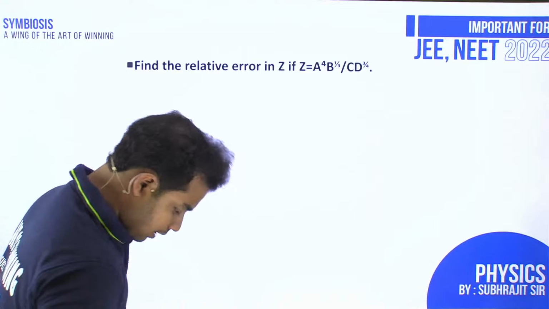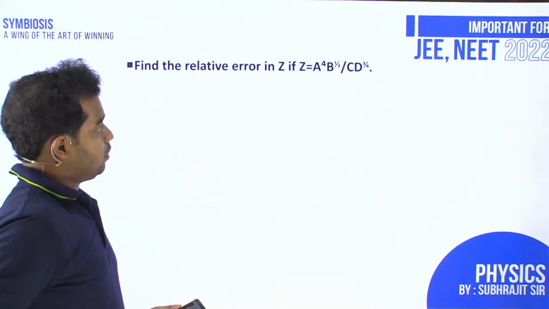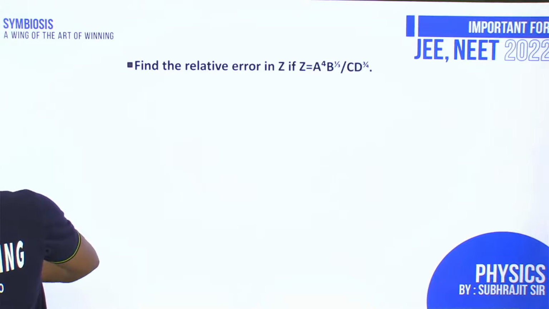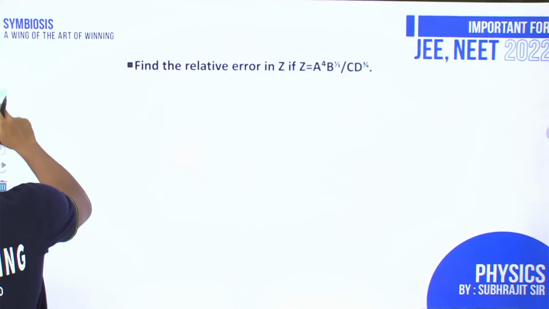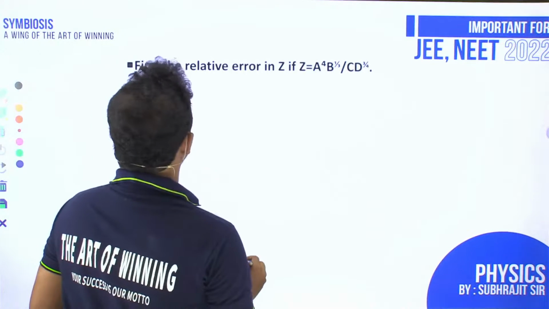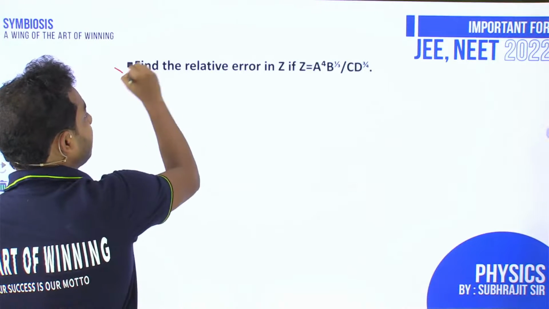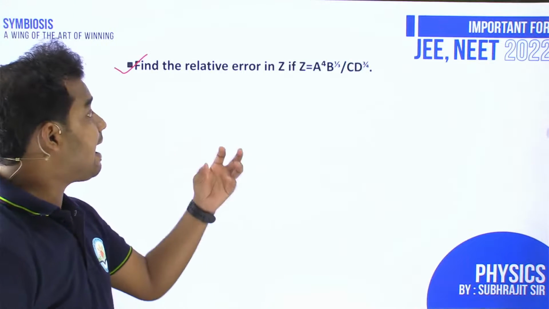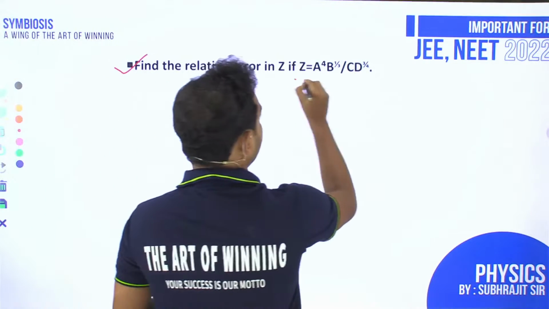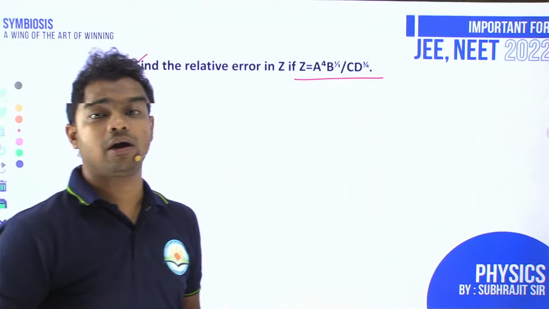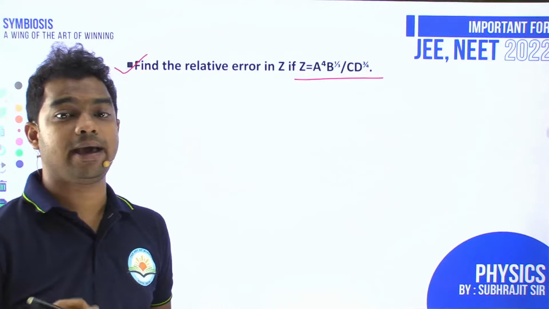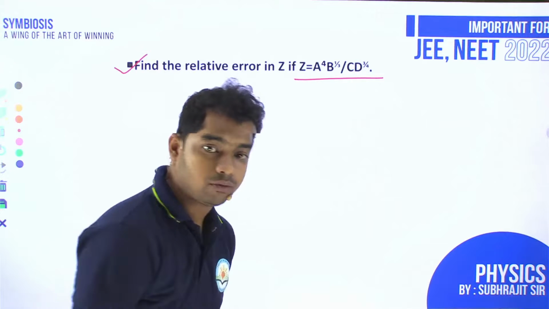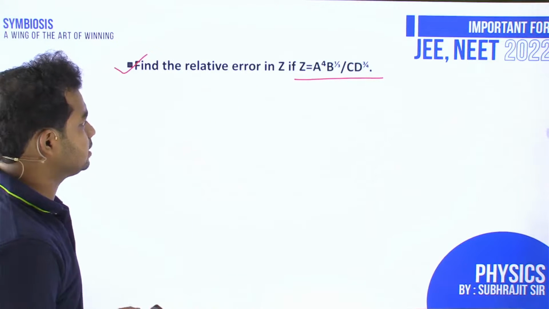Now, this question: find the relative error in Z if Z equals A to the power 4, B to the power 1/3, whole divided by C into D to the power 3/4. How will we find it?